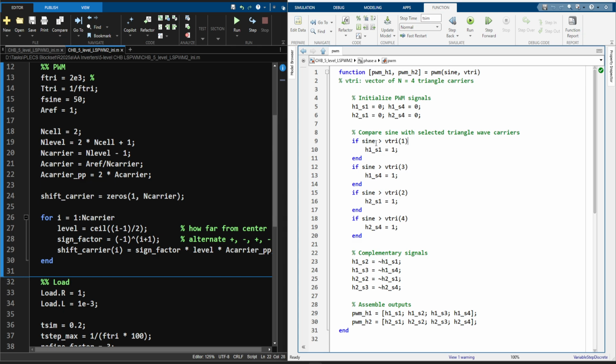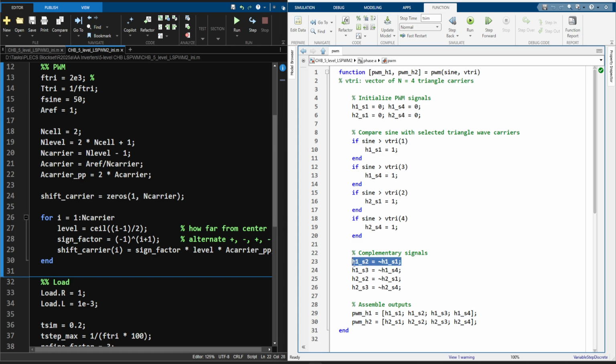And inside comes our switching logic. Before that, here is just the initialization to 0. And here you can see if the sine amplitude is greater than the first triangle, then switch S1 is equal to 1, and S2 will be the complement, which is shown here.